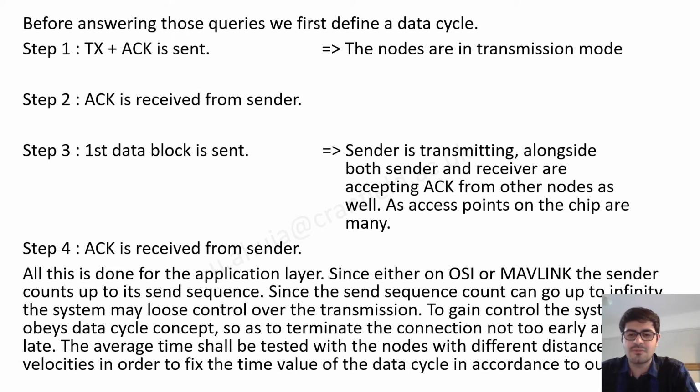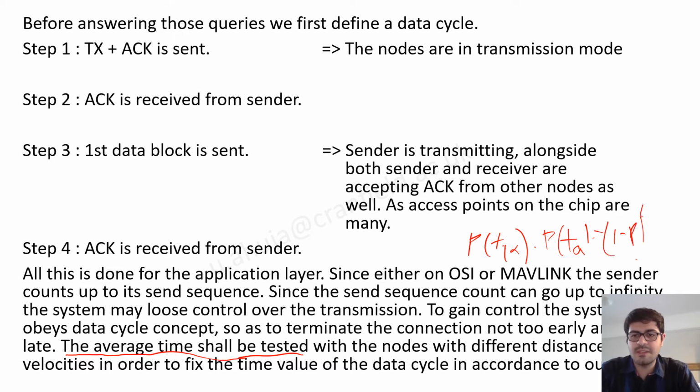So here we are saying that the average time we define is the time that shall be tested. The time which we showed previously, where P of T arrival was 1 minus P to the power T into P of 1 minus T, we defined it before. This is the same condition we are going to test here.